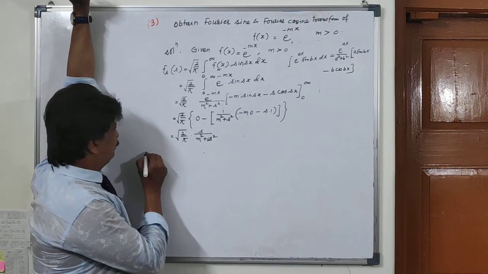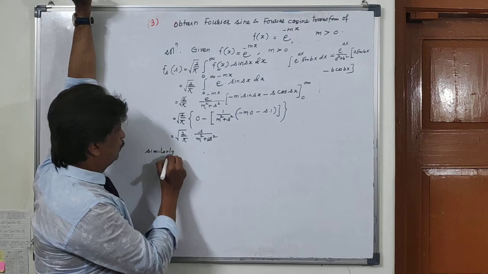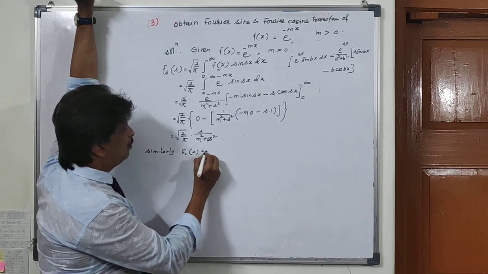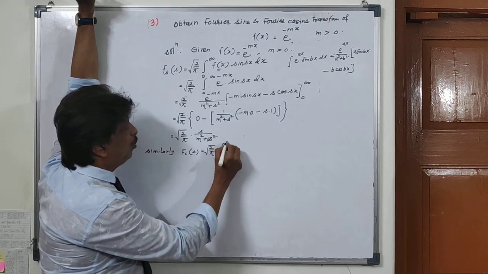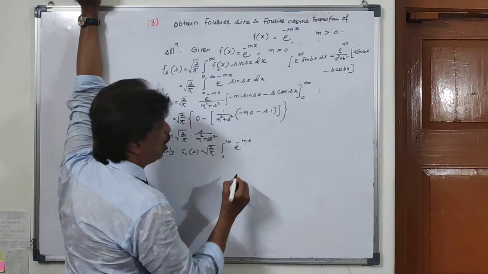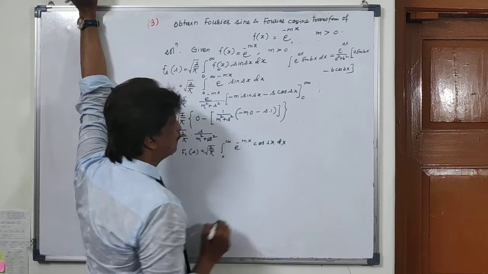Similarly, Fourier cosine transform is equal to root of 2 upon pi integral 0 to infinity e to the power minus mx into cos of sx dx.